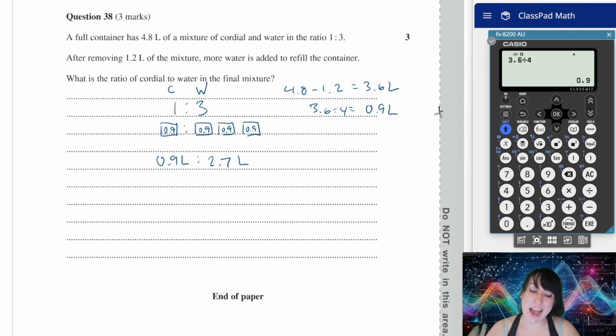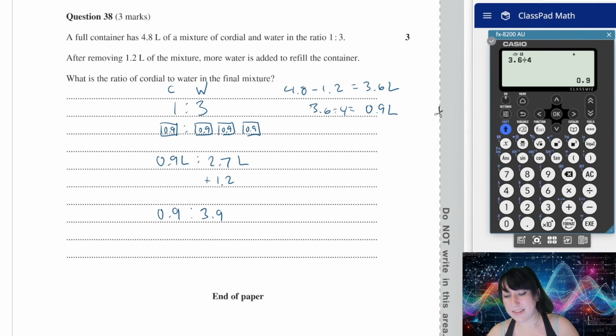Now it says we're going to be adding straight water back in. And remember, we poured 1.2 liters out, so we're going to be pouring then 1.2 liters of water only, into the mixture. So now we're going to have a new ratio. We're adding 1.2 just to the water side. So the new ratio is going to be 0.9 to 3.9.